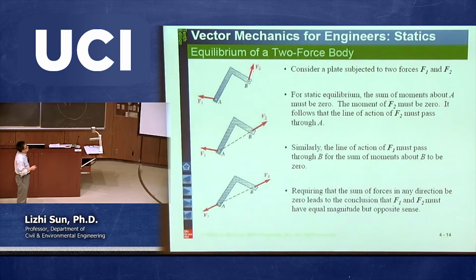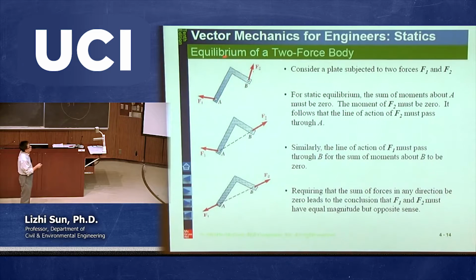If you have a rigid body, for example something like this, where you can draw a general rigid body, that's not a problem. If there are only two forces acting on different locations, for example one force acting on point A and another force acting on point B, then what? The conclusion is these two forces must have the same magnitude but be in the opposite direction.